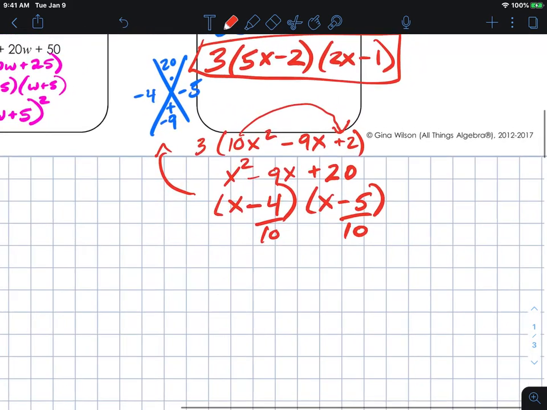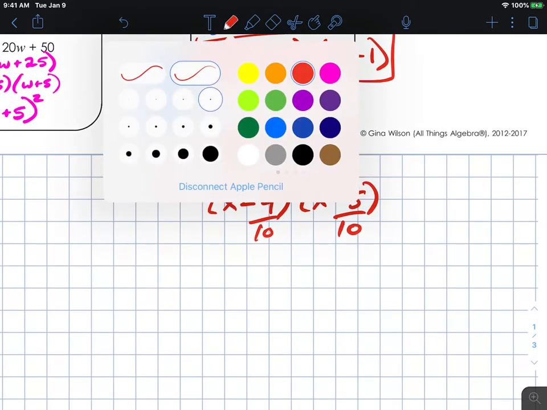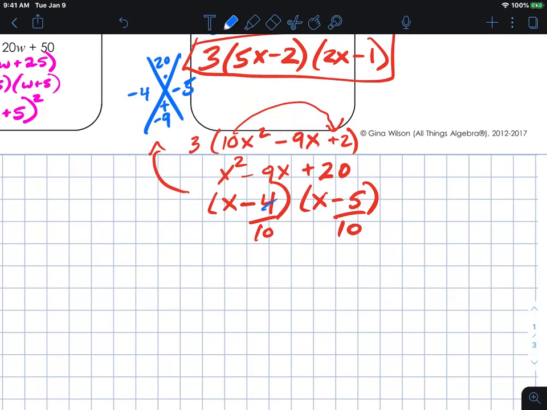All right. Now what happens at that point? Simplify the fractions. This is why this method might be tougher for some of you. Divide 4 by 2, that's going to go 2. Divide 10 by 2, that's going to be 5. 5 goes into 5 once. 5 goes into 10 twice. All right. Now, what we have right now is x minus 2 divided by 5 times x minus 1 divided by 2.